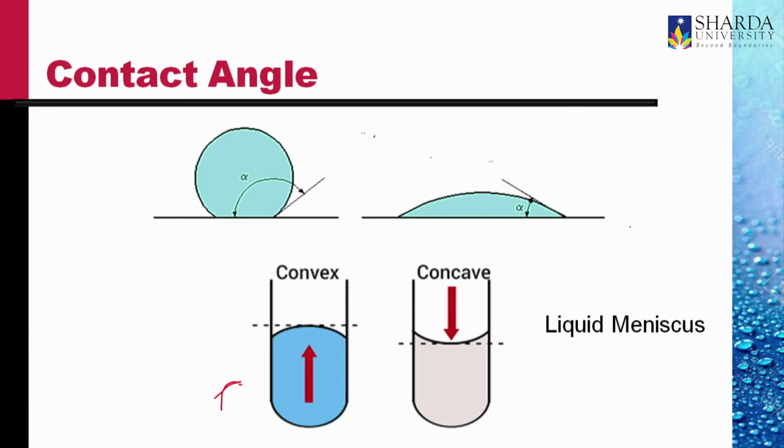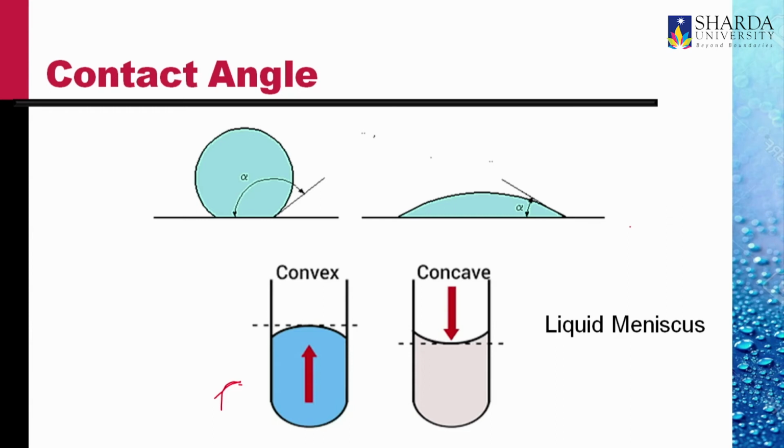On the left is a fluid like mercury, which does not wet the tube material, and so we have a convex meniscus. On the right is a liquid that wets the wall of the tube, so we have a concave meniscus.